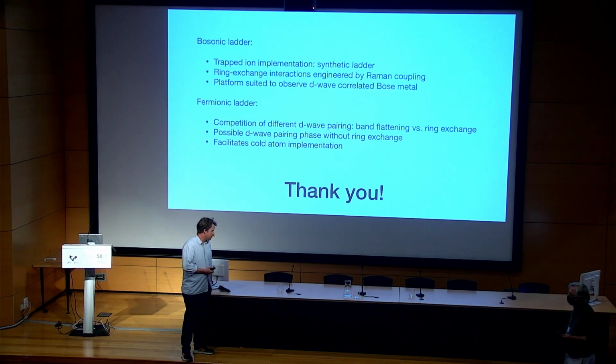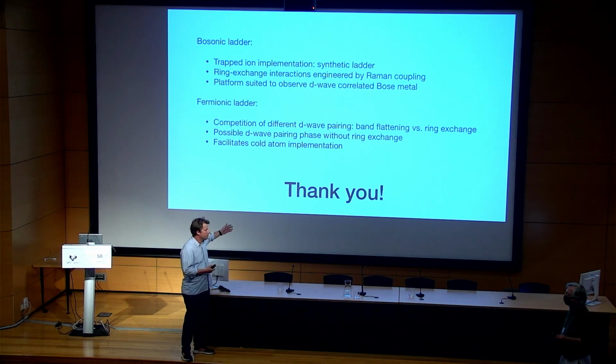In principle, it is believed that the Fermi-Hubbard system, if you dope it, has a D-wave paired phase, but realizing it is complicated because it's at very low temperature, so it's essentially a matter of cooling.